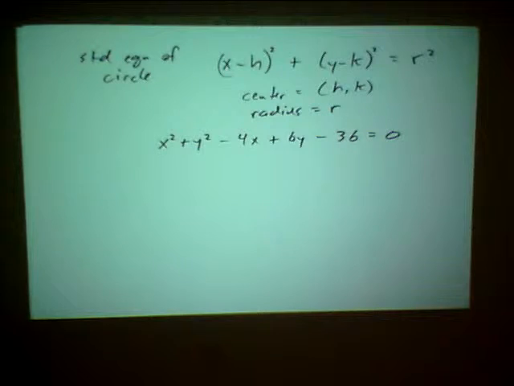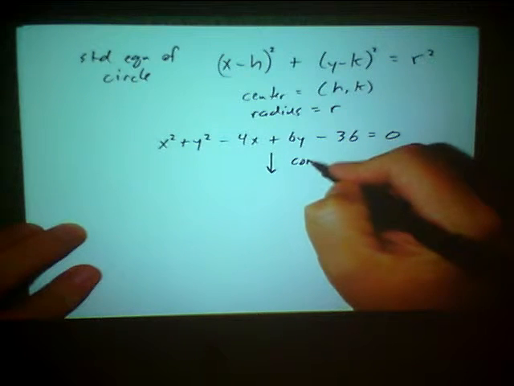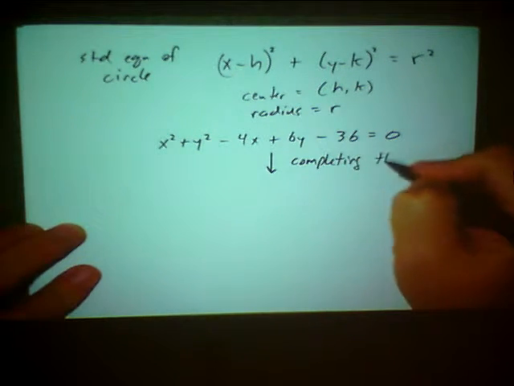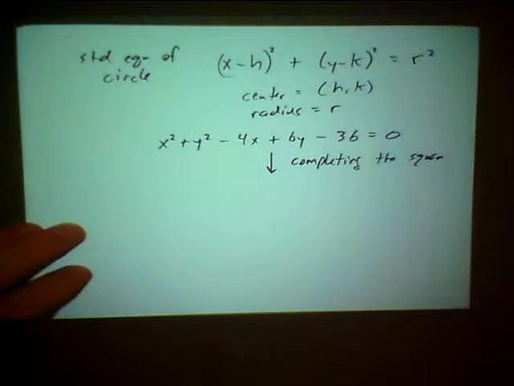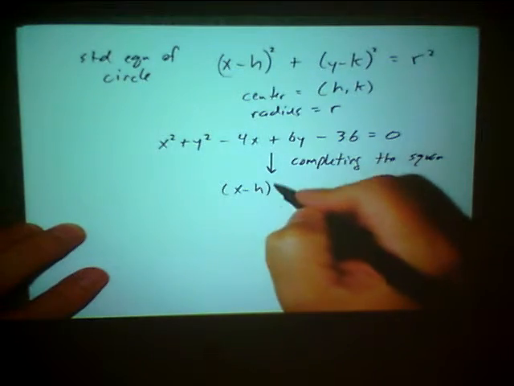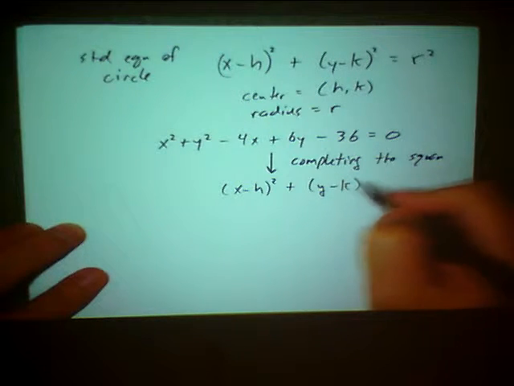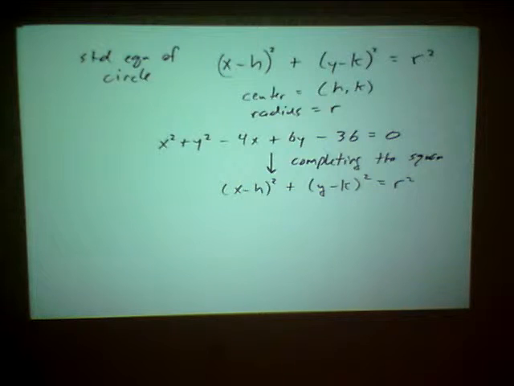What we're going to do is take this equation, and by completing the square twice, for the x and the y, rearrange it and put it in the form of the standard equation of a circle. So here's how we do that.